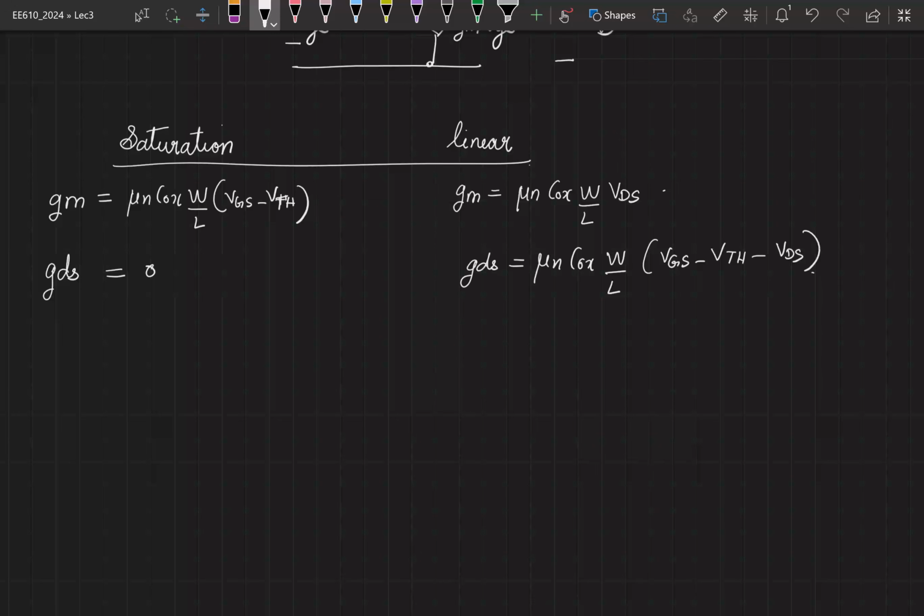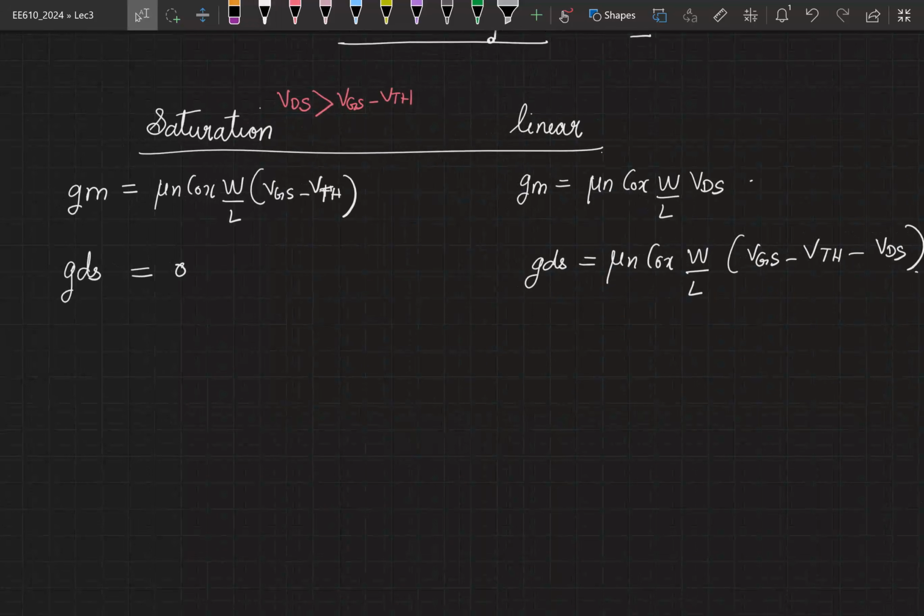Let me also remind you the condition for a transistor to be in saturation. Your VDS has to be greater than VGS minus VTH. Now looking at this, which of these GMs do you think is larger? Saturation region, right? Because you have VDS here and you have VGS minus VTH here.